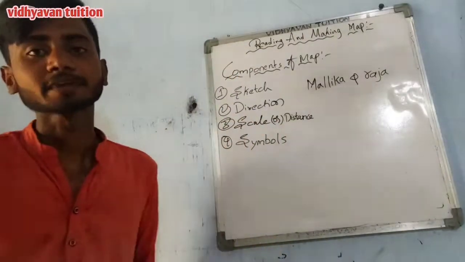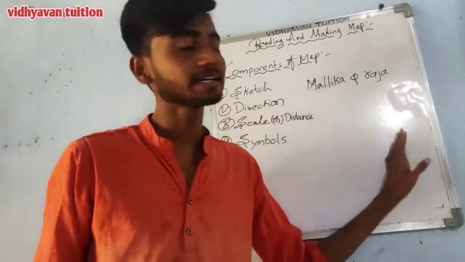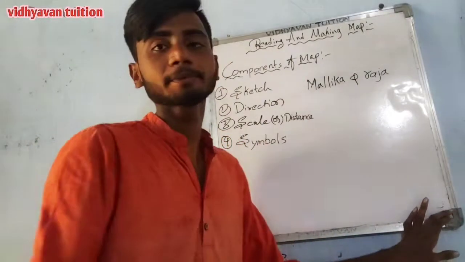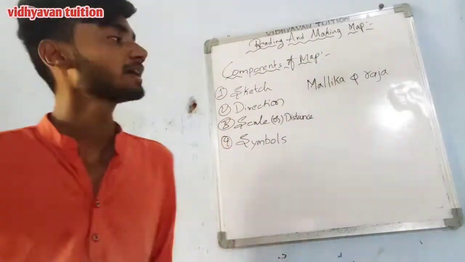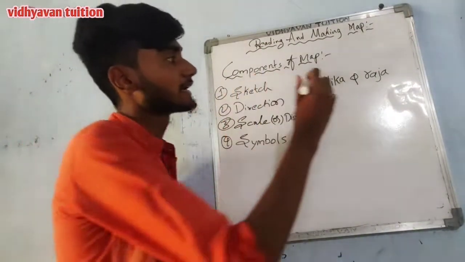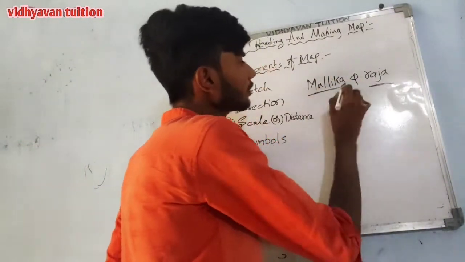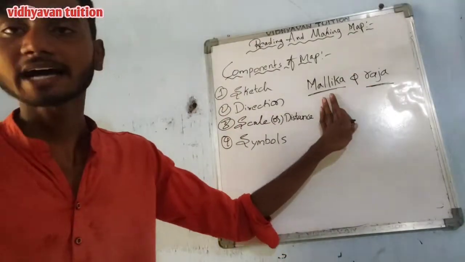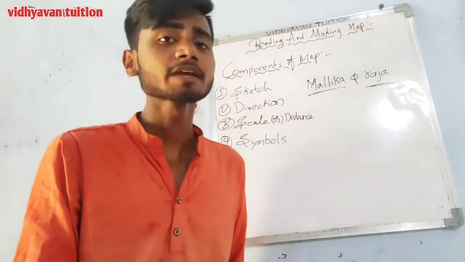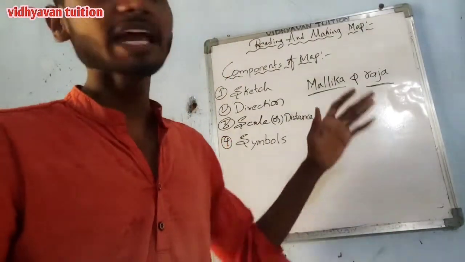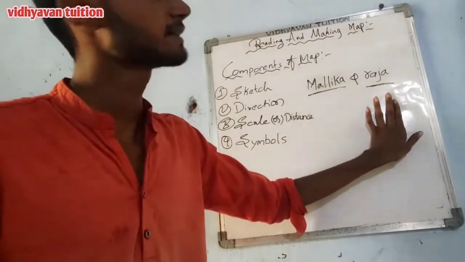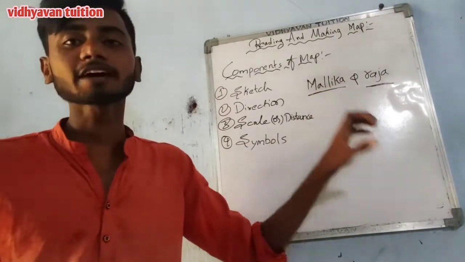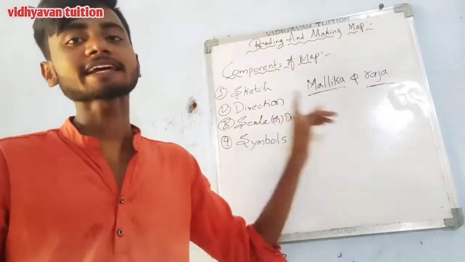Then Raja asked, I don't know your home, Mallika, I am new to the city. Can you please tell me your address? Then Mallika gave a rough diagram, which we know is a sketch.